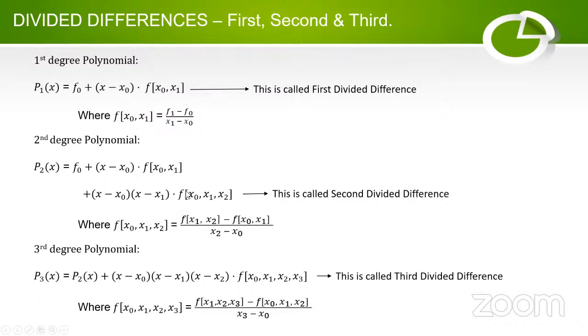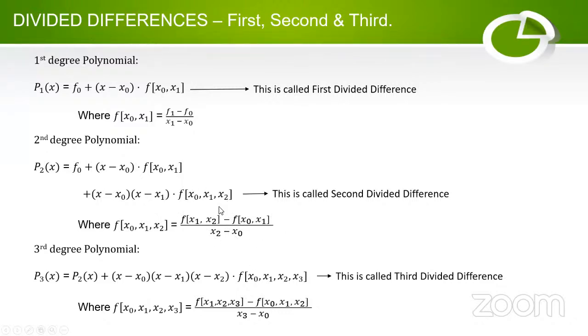To find this is called the second divided difference. To evaluate that second divided difference, we also use it in terms of the first divided difference. So again, these things will be figures. They will just be numbers. We just need to plug them in, and then we evaluate and get our values.